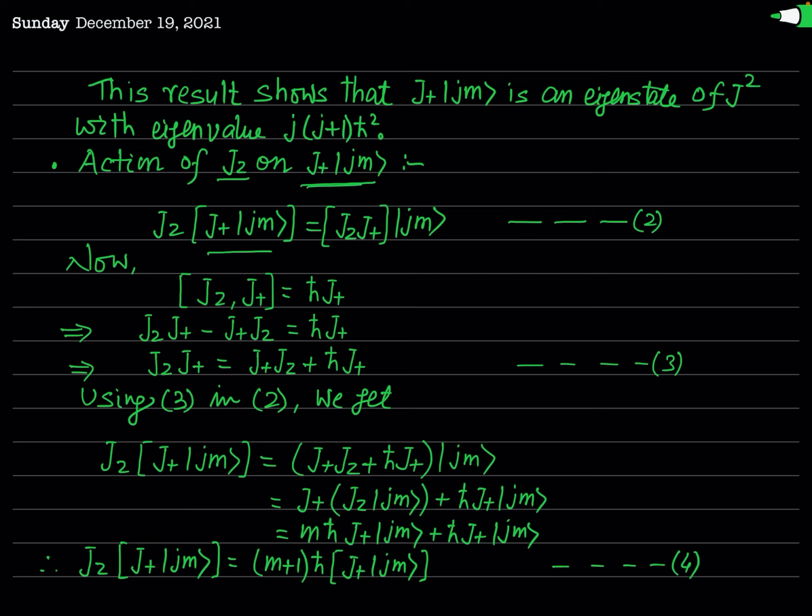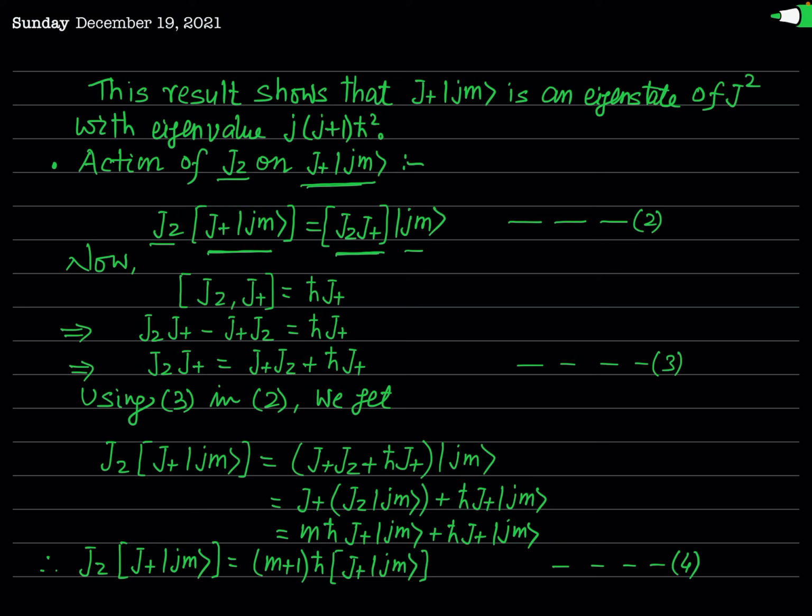Now this is not an eigenvalue equation. I have just operated Jz on this new state J+ |k, j, m>. Now you know that Jz J+ operated on |k, j, m> is simply written like this. Now we will find the value of the operator Jz J+ by this commutation relation.